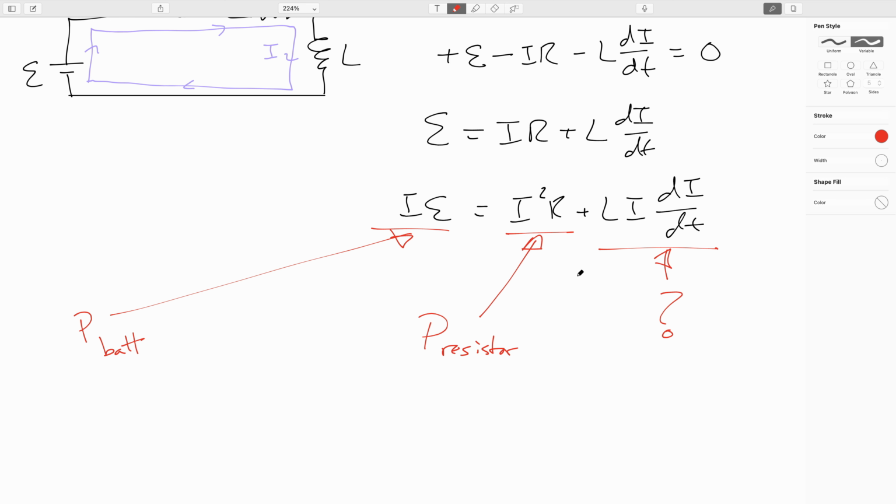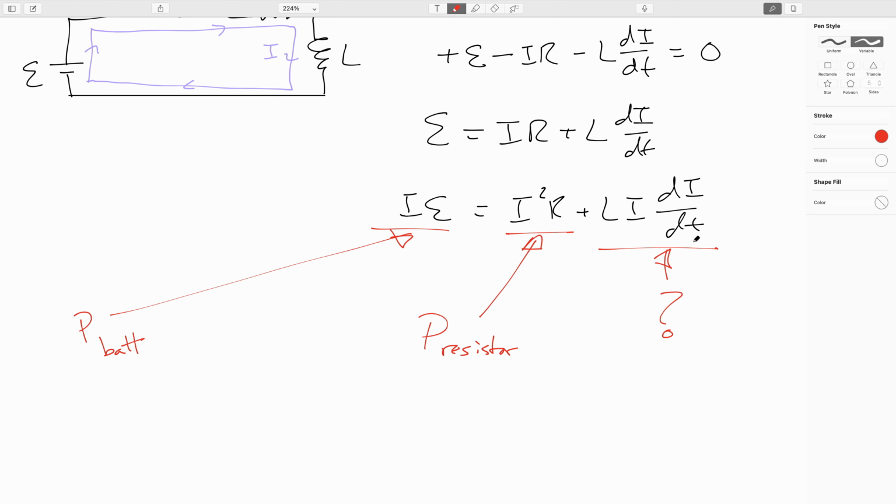So the energy has to go somewhere, and the somewhere is here, and this has to do with the inductor. So we can conclude that this has to be the rate at which we are storing energy in the magnetic field of the inductor. So it's taking work to build the magnetic field in the inductor.